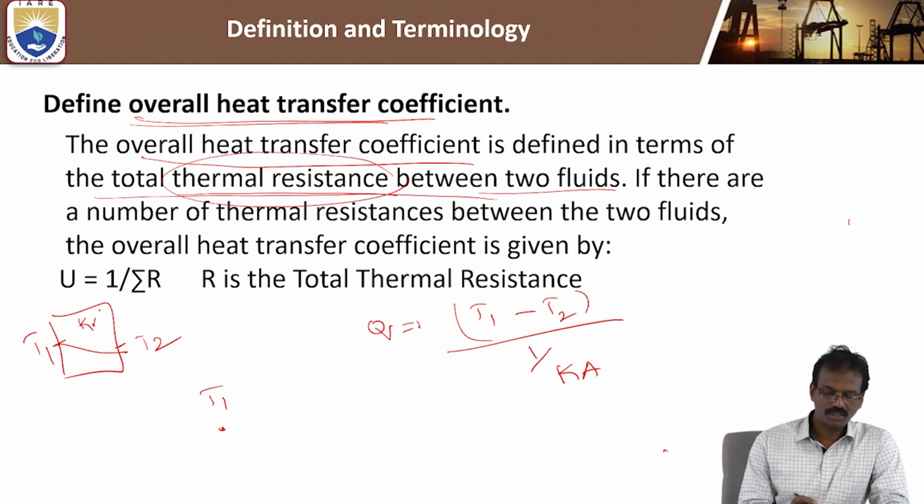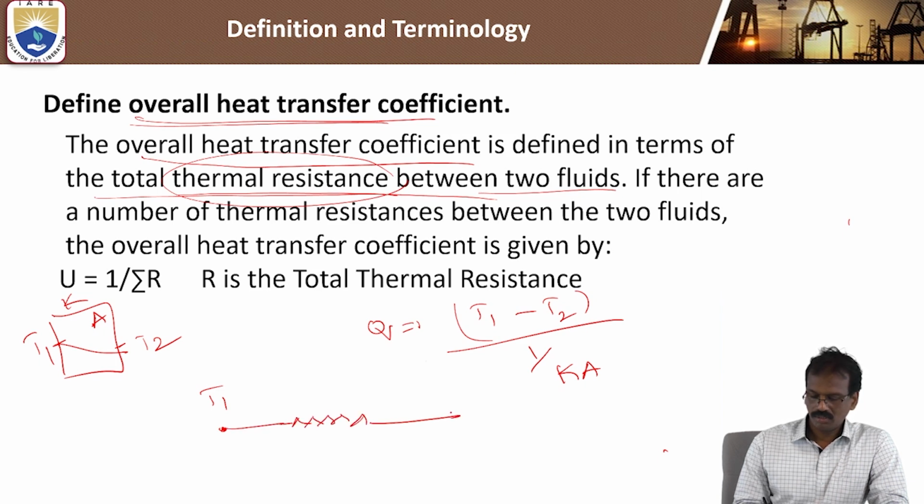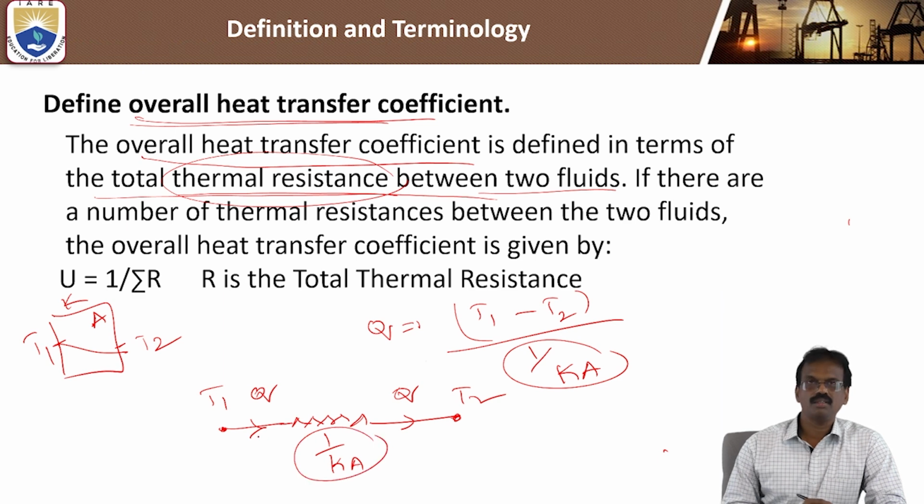This is the thermal conductivity K of this plate, and the area is A. So the temperature starts here, conduction takes place through this thermal resistance, and it reaches temperature T2. This is the rate of heat transfer Q. This shows the thermal resistance, which is equal to 1 by KA.